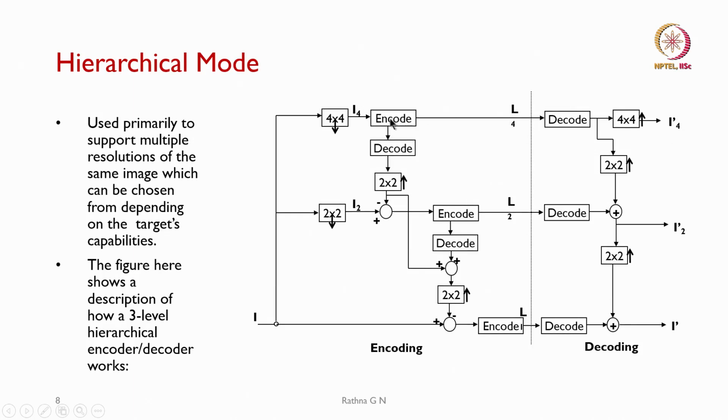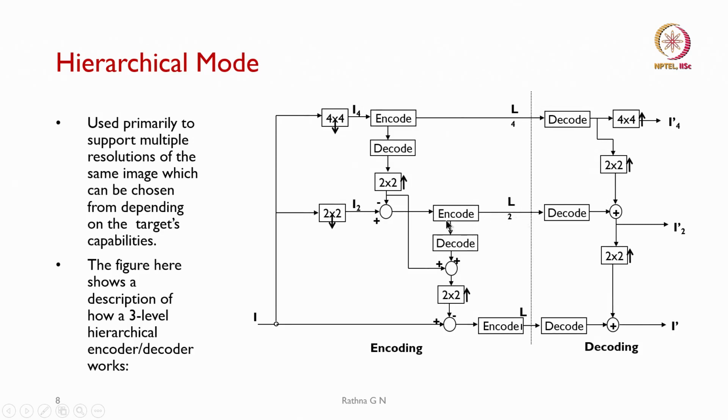The same thing encoded at the encoding side, you can also decode and then convert into 2 by 2. You will see that the next 2 by 2 image you have taken, you call it I2, then find the difference between these two, and then you will encode this value, call it L2, and transmit it.